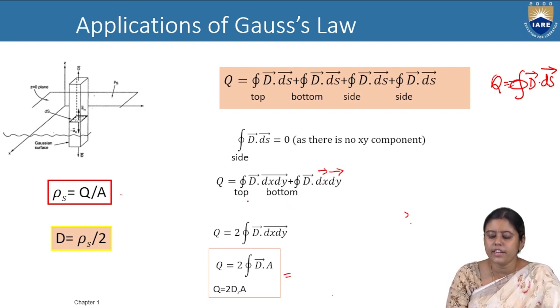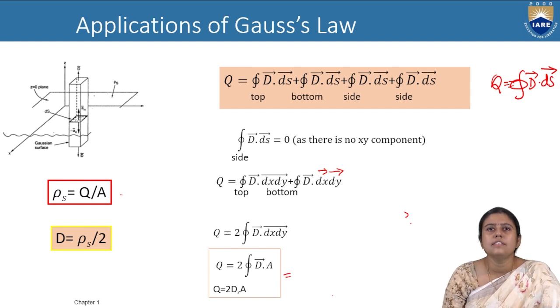As both are the same, we can write Q is equal to 2 times the closed integration of D dot dx dy, and dx dy is nothing but the cross sectional area. And what is D? Here we are taking only the z component.